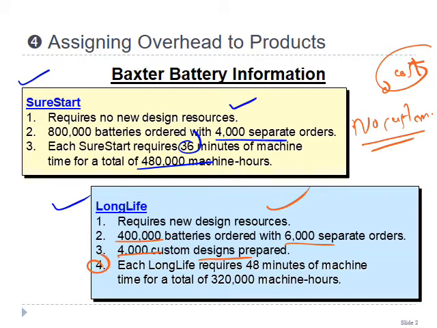Each Long Life requires 48 minutes of machine time, for a total of 320,000 machine hours. So this is the data given, and let's assign the overhead to the products.